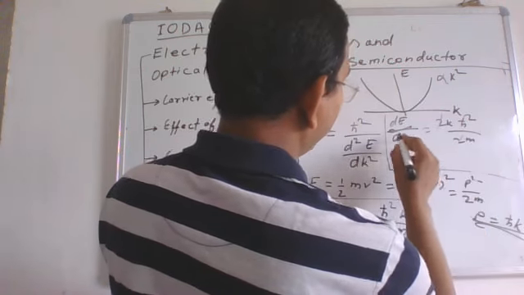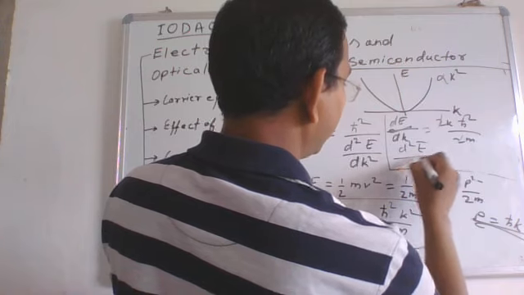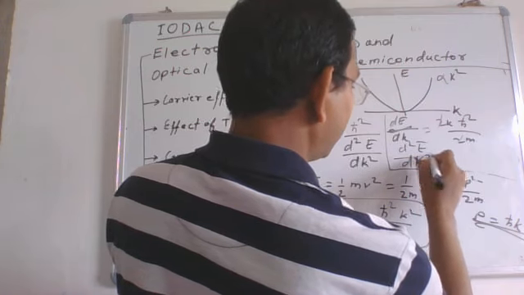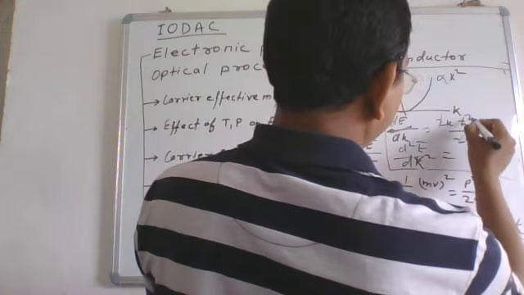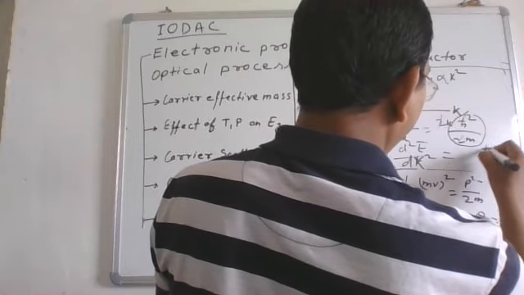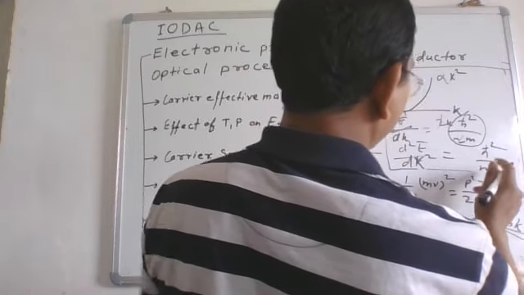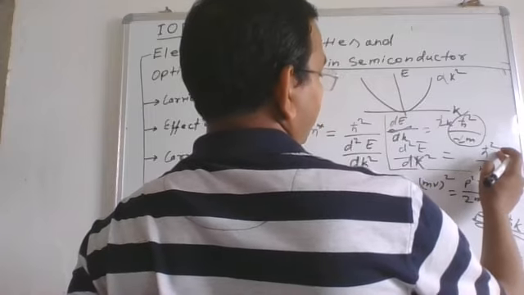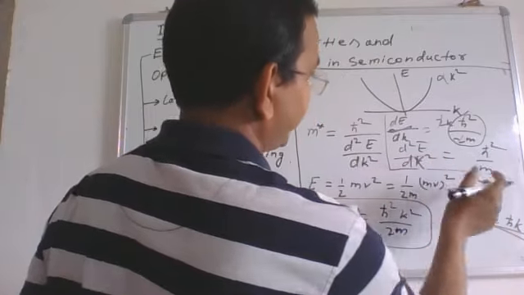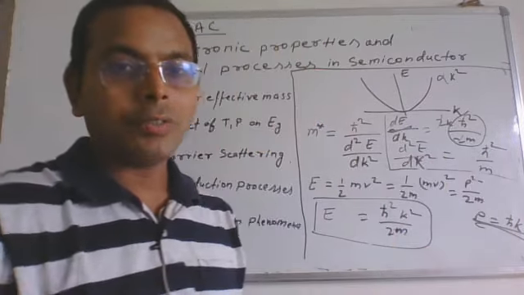If we take once more derivative, d2E by dk2 will be equal to this constant, h cut square by m. So m is nothing but h cut square divided by d2E by dk2. So this is the proof of effective mass.